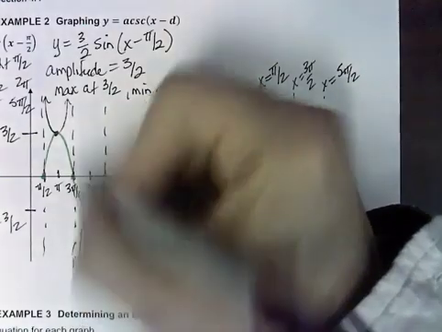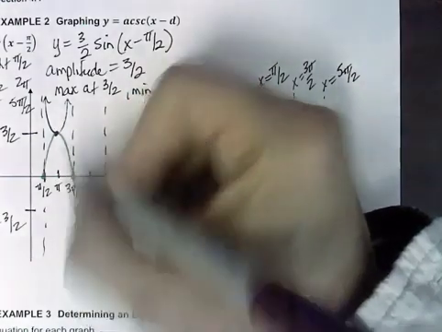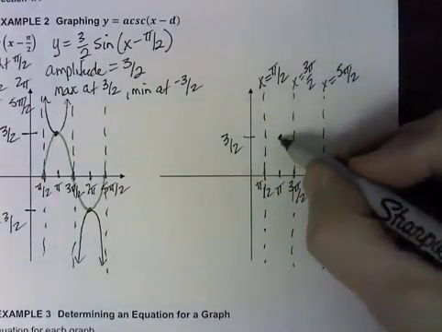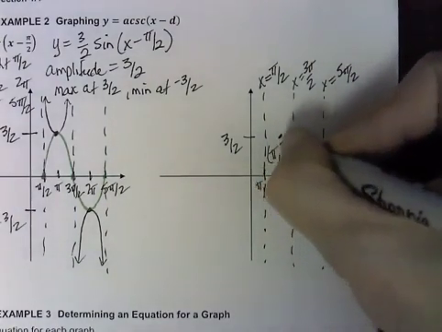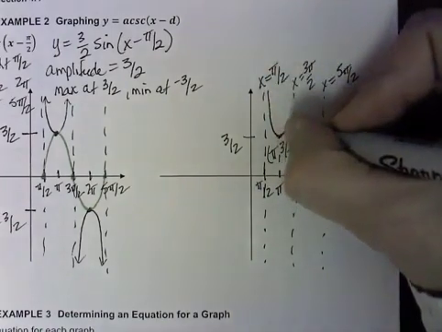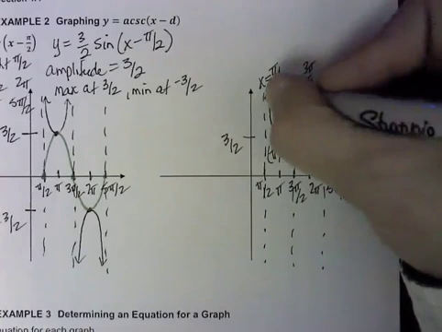Also, you need to put in the maximum and minimum points and label those. So I had a minimum point at (pi, 3/2), and my graph goes up on either side from that towards my vertical asymptotes.